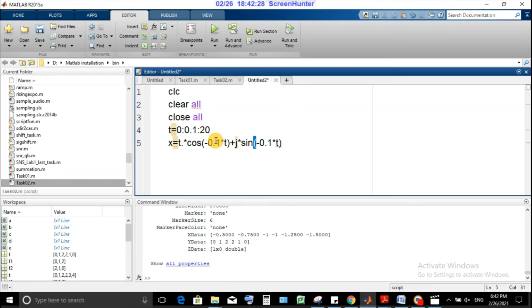We close the bracket and then again close the second bracket, and now multiply by the term cos t.